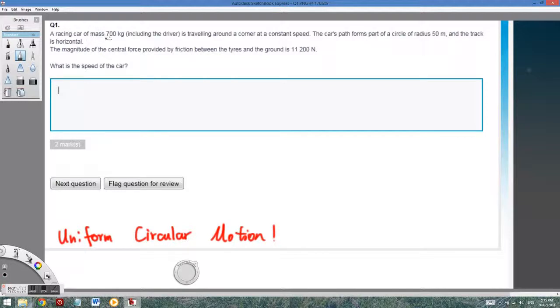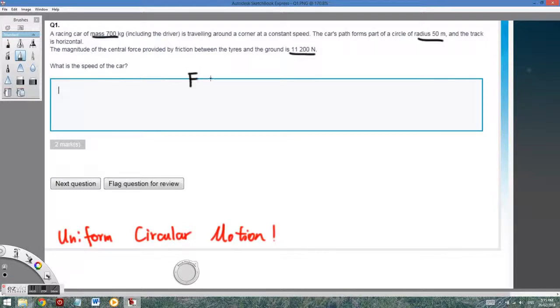Again we have a question. We have mass, and the radius is horizontal, which means it's uniform circular motion. The magnitude of the centripetal force will be this. What's the speed?